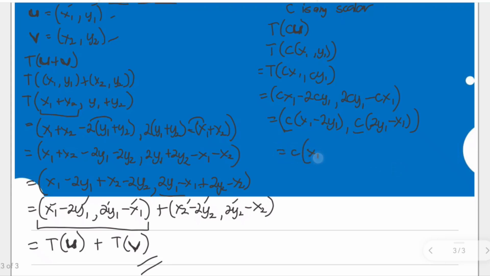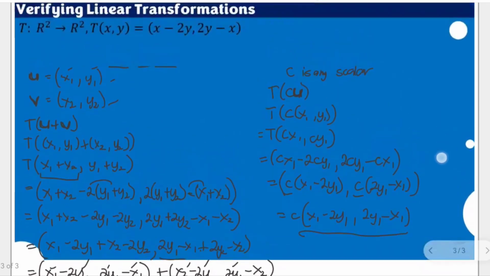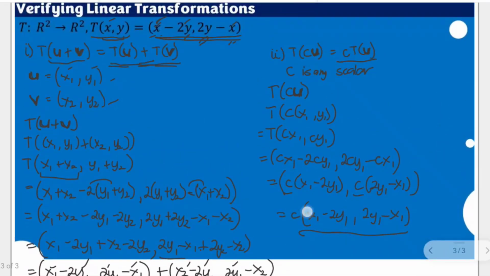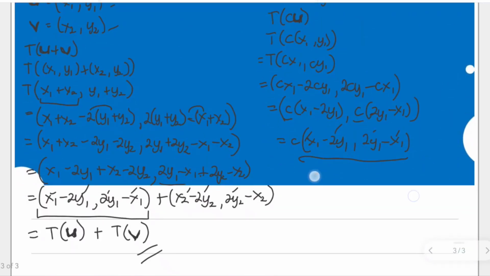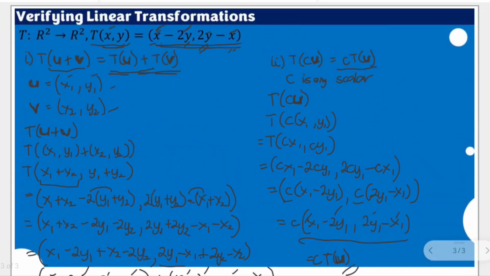You have x sub 1 minus 2y sub 1 and 2y sub 1 minus x sub 1, which is the same as x minus 2y, 2y minus x. This means we have shown that this is C times the transformation of your vector u. Now we have satisfied the second condition together with the first condition. This means that the given transformation is really a linear transformation.